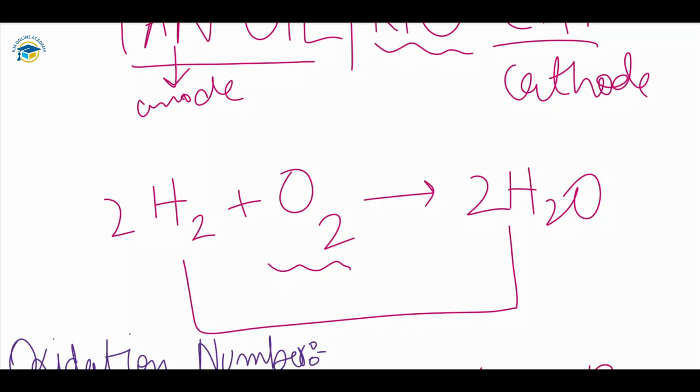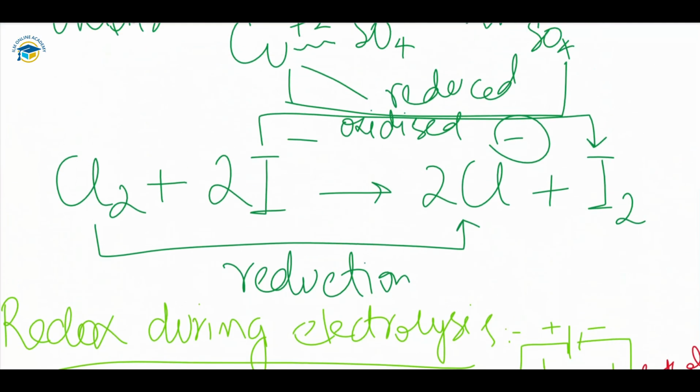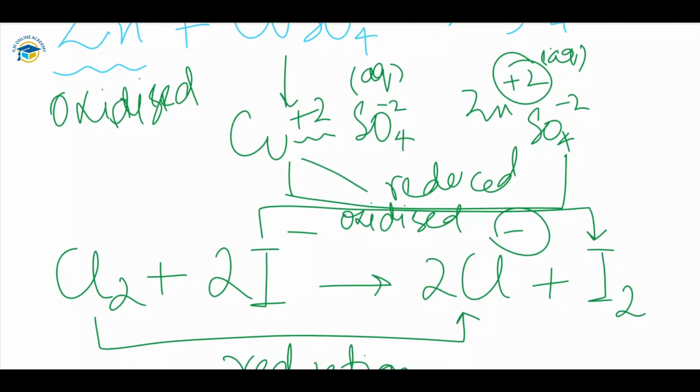As hydrogen is getting oxidized with oxygen, in the reactants the oxidation state of hydrogen is 0 and that of oxygen is also 0 because they are present as uncombined or free state. Another one is here: Cl2 is present in the free state, so the oxidation number is 0.